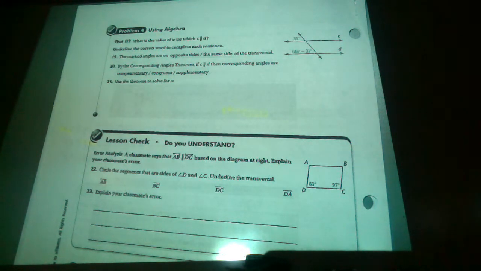The marked angles are, and then you go ahead and circle what you think is appropriate, and then circle the appropriate theorem, and then I want you to use that theorem to solve it. So you go ahead and do 19 through 21 on your own.